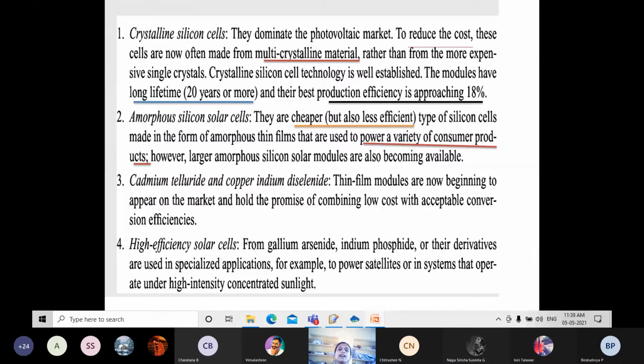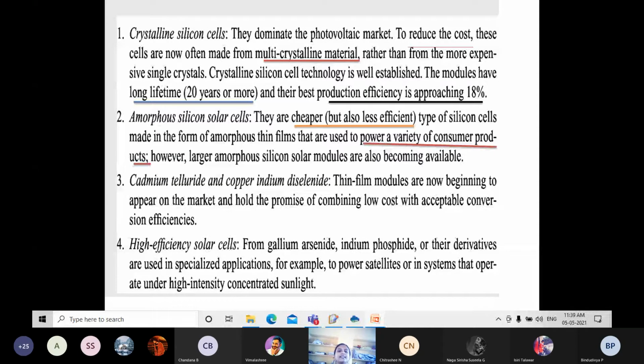Silicon cells dominate the photovoltaic market. Here they are saying that they are dominating the photovoltaic market, and the main intention is to reduce the cost, and these cells are now often made from multicrystalline material. They are made from multicrystalline material rather than the more expensive single crystals.